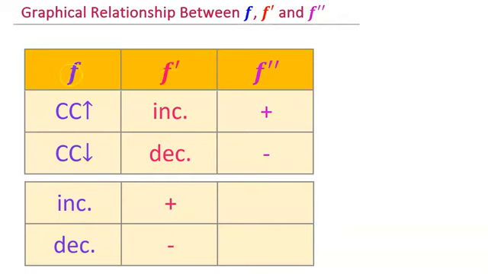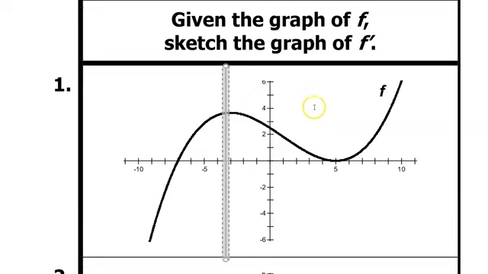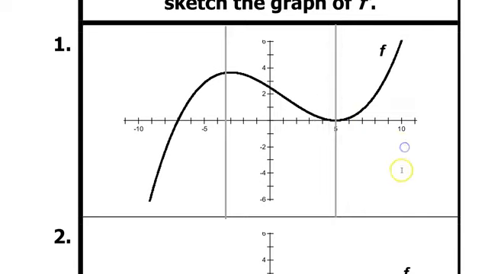So let's consider where function f is increasing and decreasing. I'm going to use some vertical lines to separate the graph into intervals of increasing and decreasing. So it seems to be increasing until about here, and then it's decreasing, and it starts to be increasing again about here.